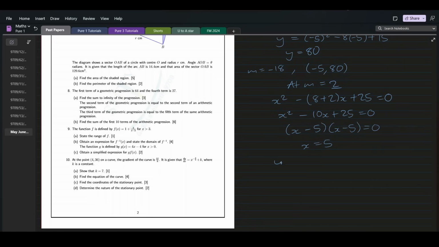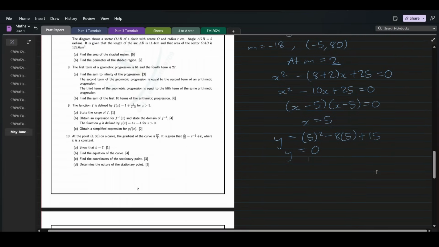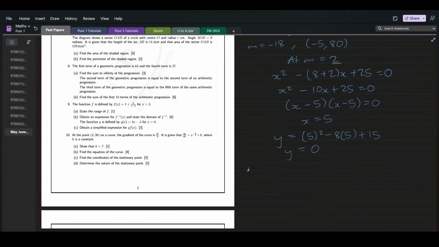And we evaluate our y. And we have x squared minus 8x plus 15. Punch that into the calculator. That is 5 squared minus 8 times 5 plus 15, and that gives us 0. And therefore we know that at m is equal to 2, we get the coordinates 5, 0.